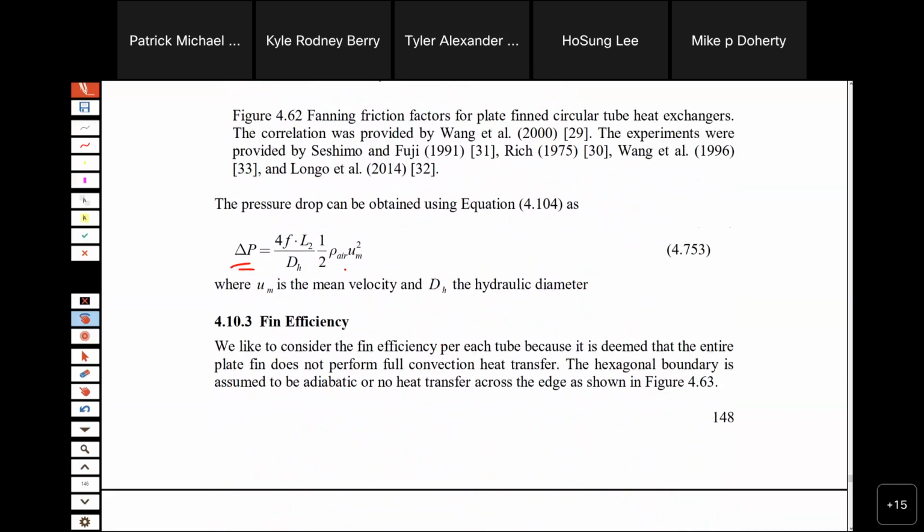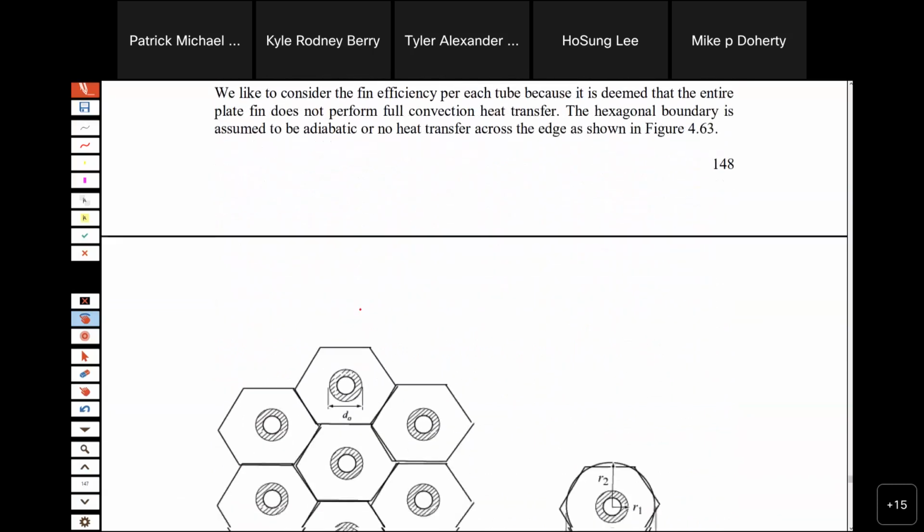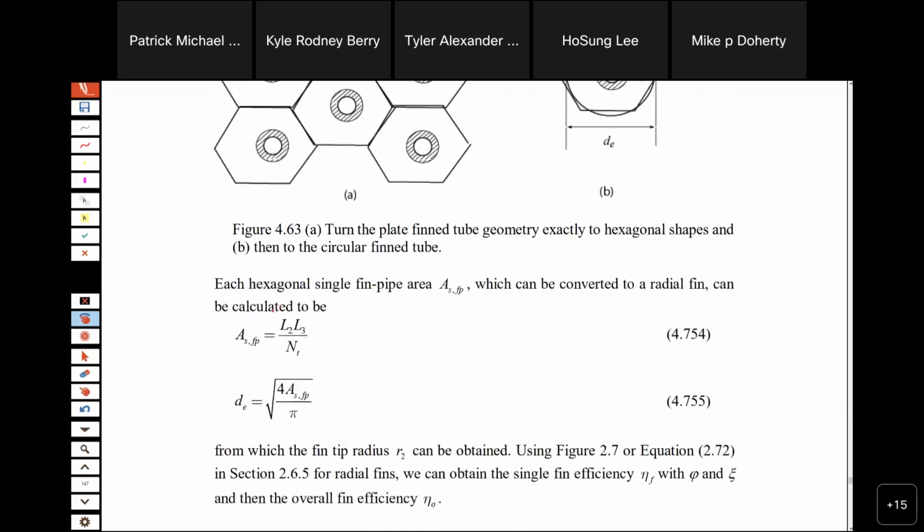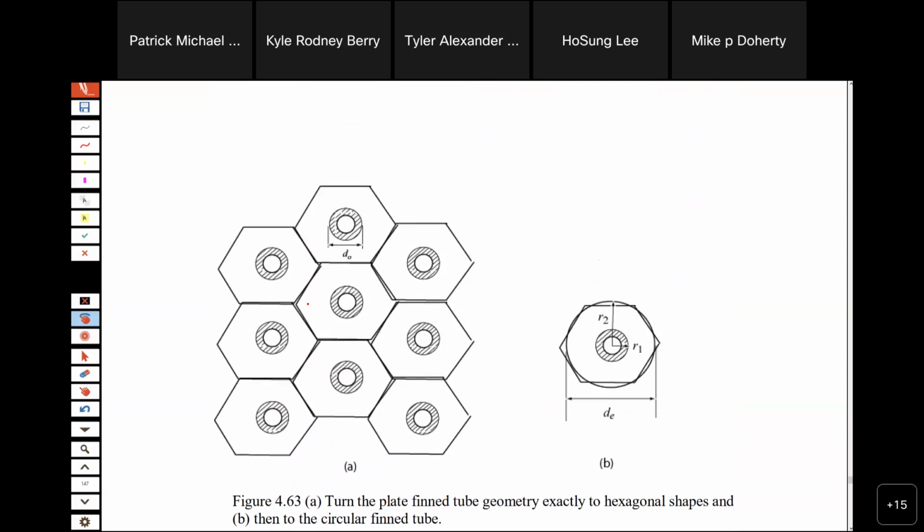So pressure drop we can also calculate. And fin efficiency, this is my idea. It's a plate, but if you look at the hexagonal shape, assuming there is no heat transfer, then it is something like hexagonal, and then hexagonal assuming circular, the area must be exactly the same.